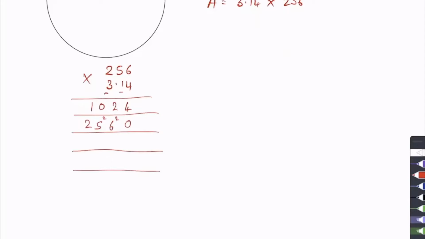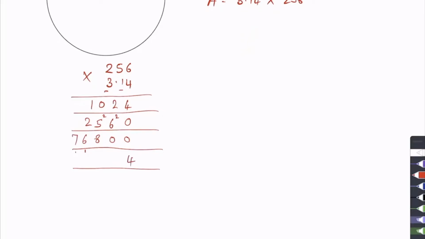I then move to the number 3. I start a new line, start with 2 zeros. 3 times 6 is 18, 3 times 5 is 15, add the 1 is 16, and 3 times 2 is 6, add the 1 is 7. Add up your columns. That gives me 803.84. Now, notice that I haven't done anything with the decimal point.